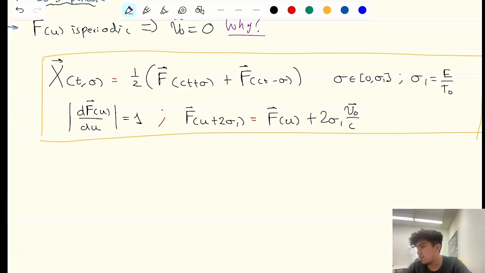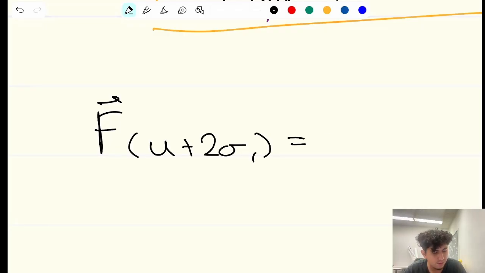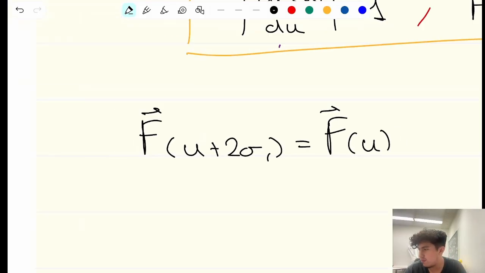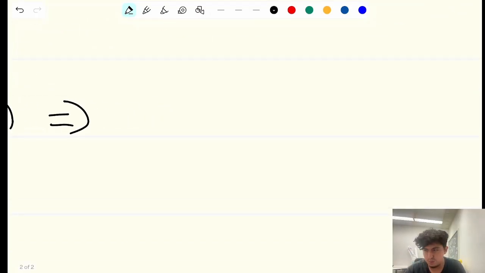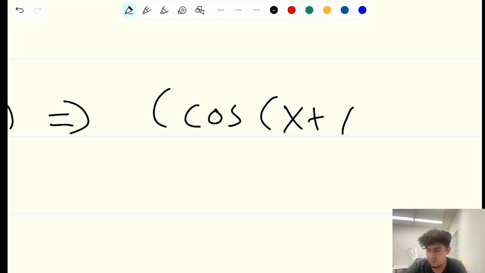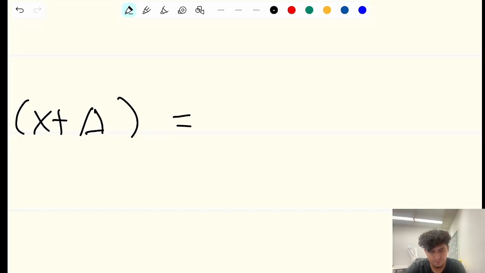Cool. Okay, so now that we know that, we can write f in this form plus 2 sigma 1 f of u. And if we do the following change of variables, I'm going to do a very weird change of variables. Trust me, it's going to make sense. Cosine of x, sine of x.